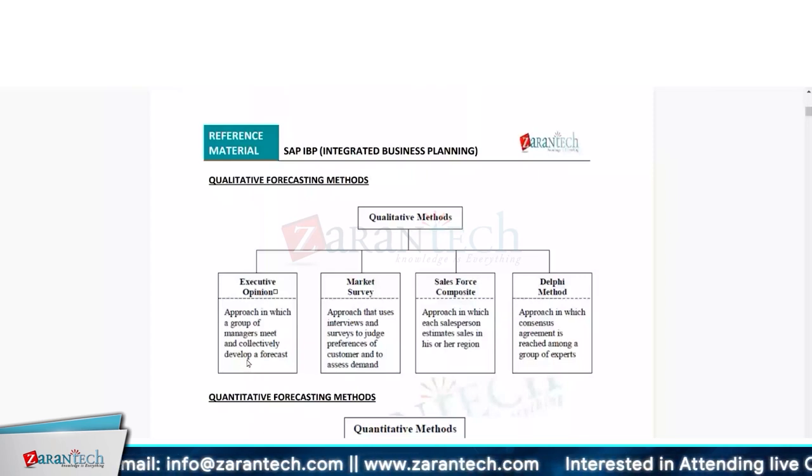So this was a judgmental call, which is part of the qualitative method. In some cases where we do not have proper historical data to prove the future requirements, the qualitative method is also applied.